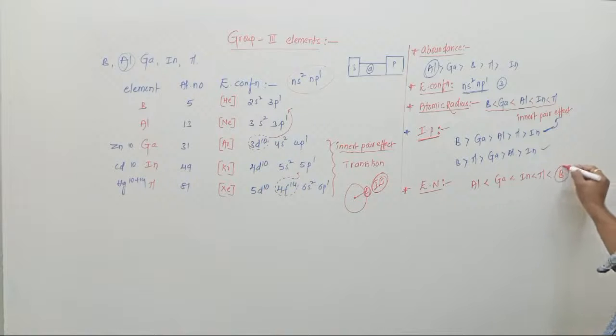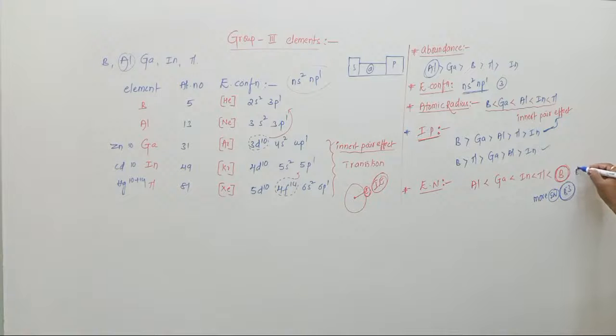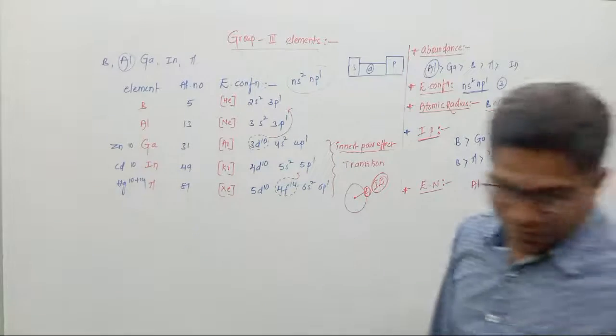Boron shows maximum electronegativity, so it is more electronegative. Due to this, only the -3 oxidation state is more stable, but the +3 oxidation state is very less available, very less stable.